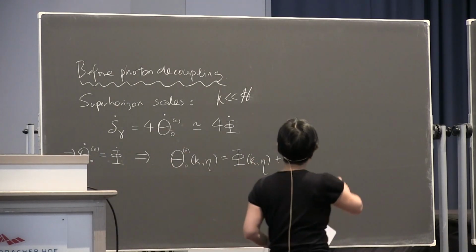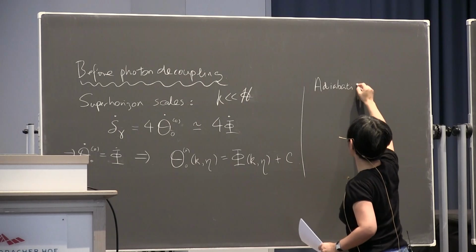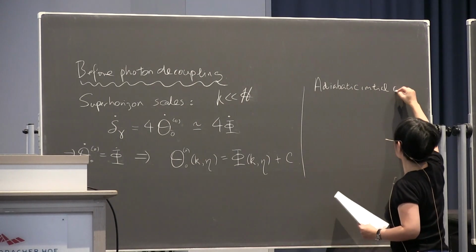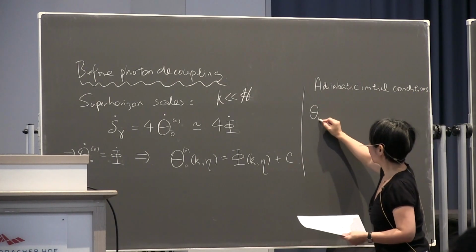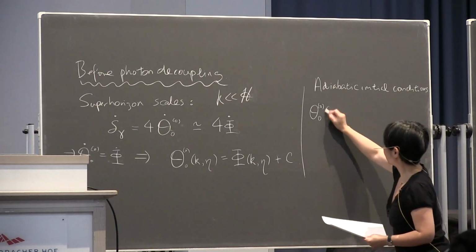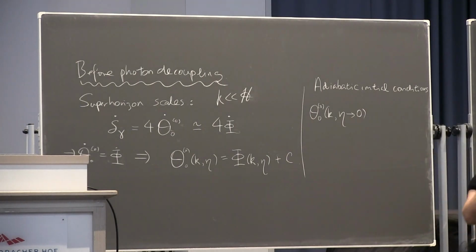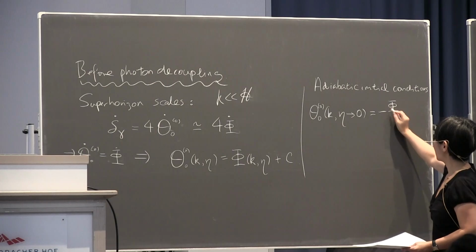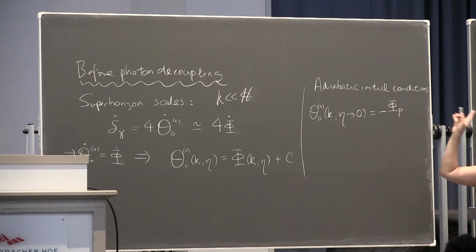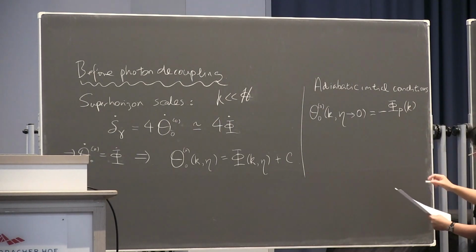If you had adiabatic initial conditions, then I should expect theta naught of k, if I take it deep into the superhorizon limit, so I take time back to 0, to be equal to minus phi p over 2, where p stands for primordial, whatever is God-given from inflation, which is a function of k.